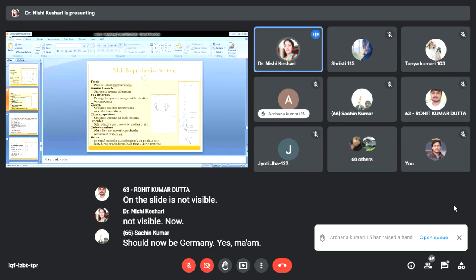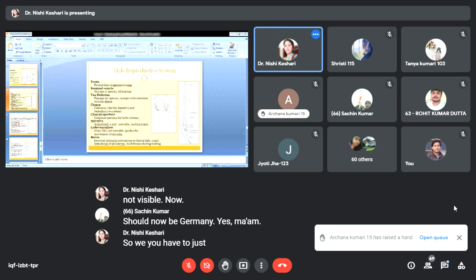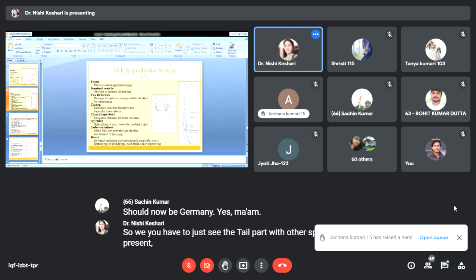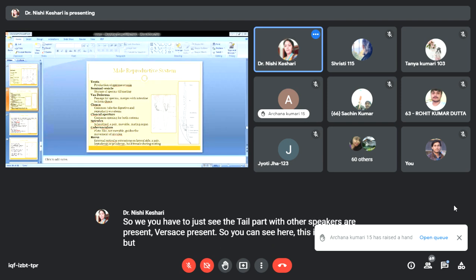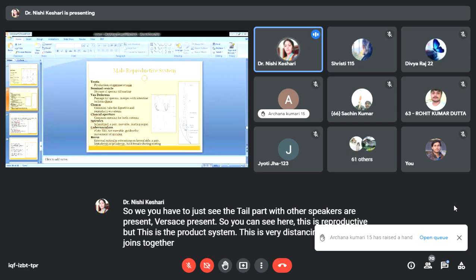You just have to see the tail part, whether the spicules are present, whether the vasa is present. Here you can see this is the reproductive part, this is the digestive system. Both join together to form the cloaca, and here the spicules are found.